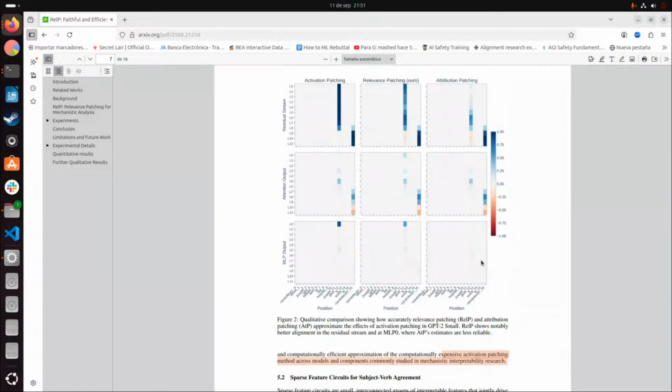A problem is not even related to the patching or whatever. It's which parts of the model do you patch? Because I guess you can just patch heads, right?